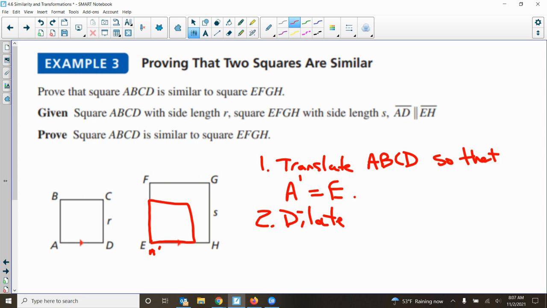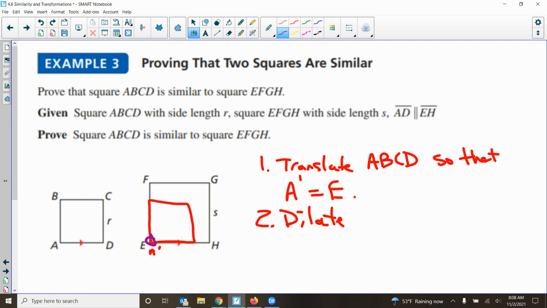If this red square wants to look just like the big square, what needs to be the center of that dilation? Exactly. Do you agree that A prime or E, either one, needs to be the center of the dilation? Because the center of the dilation doesn't move. We moved A to be on top of E. A prime is on top of E. If we're going to dilate this, the center point needs to be this point that we want to keep still.